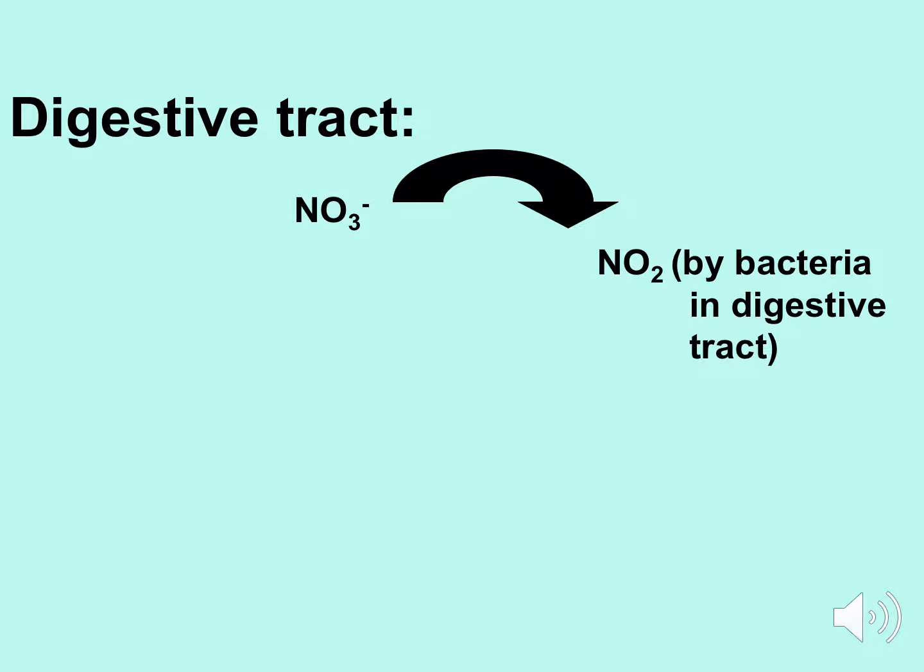It isn't until we're 6 months old that we have enough stomach acids where acids take over and do the digestive process. So when an infant is young, they consume nitrates, and bacteria in the digestive tract convert those nitrates to nitrites. Nitrites are toxic. Now remember, this goes away when the acids take over and start doing the digestion in our stomachs. And that child has to reach about 6 months old for that to occur.